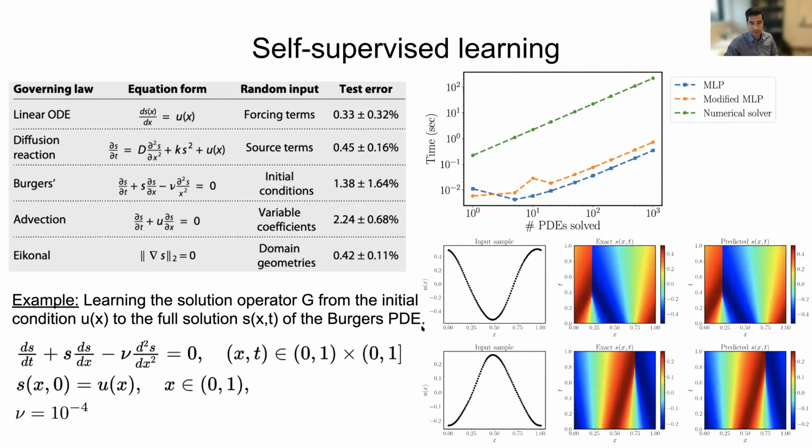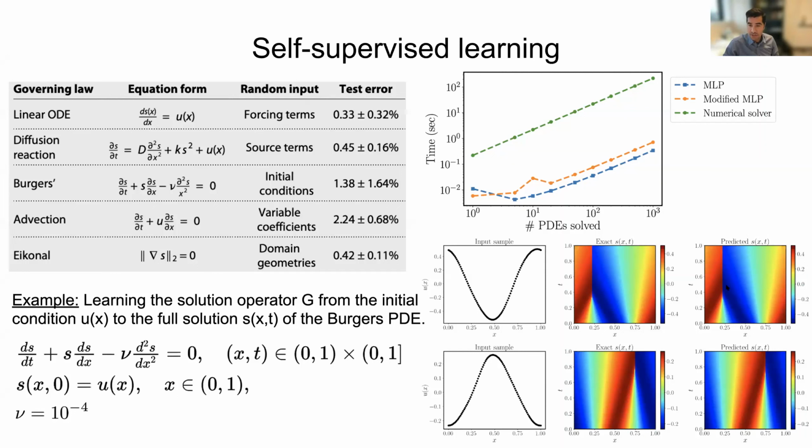And as you see here, this is an example for learning the solution operator of the Burgers equation that maps any initial condition u of x to the full spatiotemporal solution of that system. So these are examples from the test data set. This is some sample initial condition. That would be the exact solution obtained by some Fourier spectral method, a classical numerical solver, and this is the predicted solution obtained by the trained DeepONet.